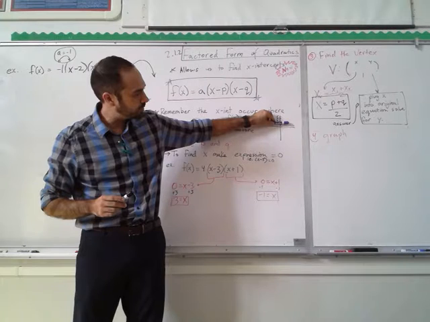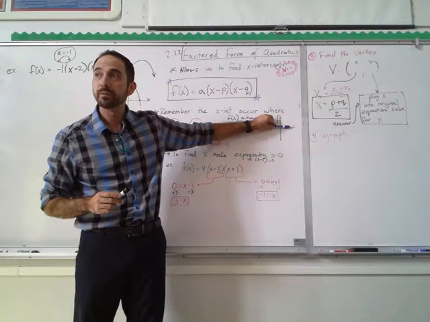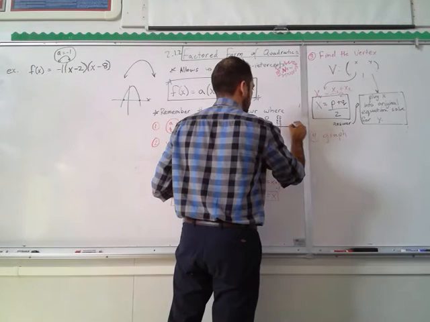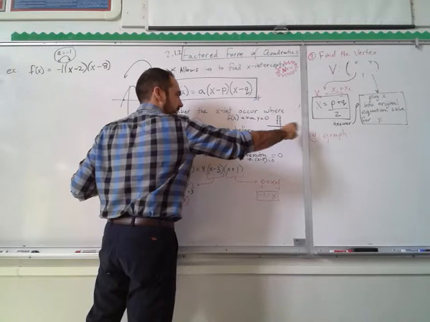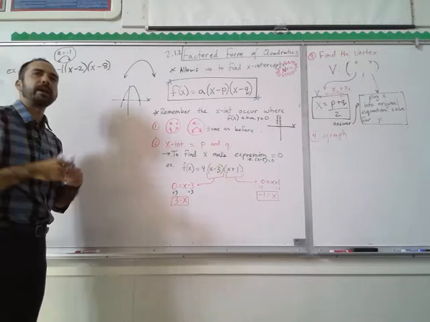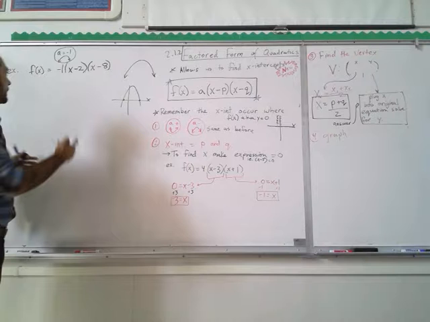At y is equal to 0, what's the marker landing on here? My x-axis. Okay, so what I'm interested in is really finding my zeros, because when y is equal to 0, I'm going to get some x value that's going to give me my two x-intercepts.